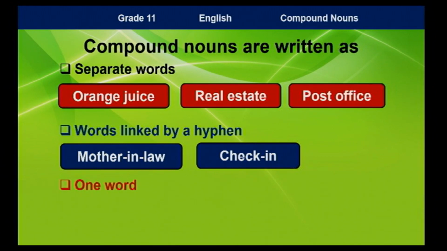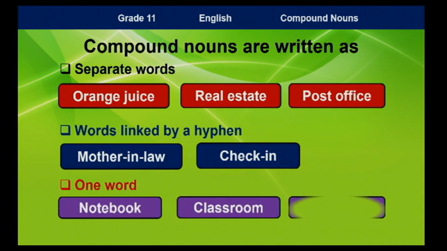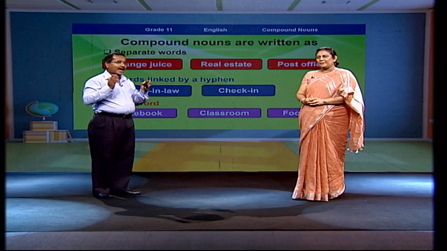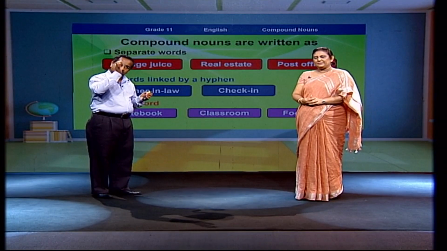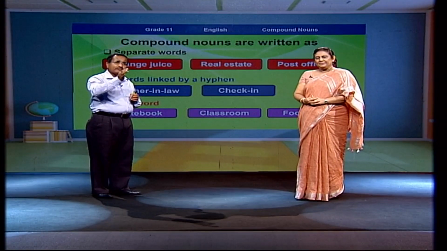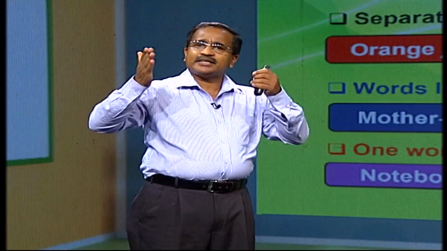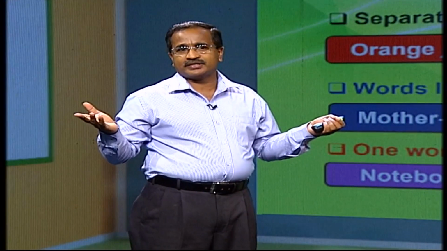And look at these three examples: notebook, classroom and football. They stand as single words. Compound nouns are added to our language every day. Every moment a new compound noun is introduced into the language. So generally, when a new compound noun appears, it appears as two separate words.